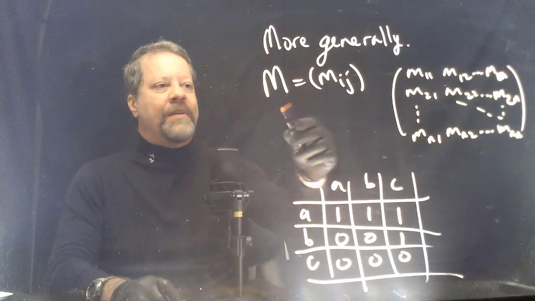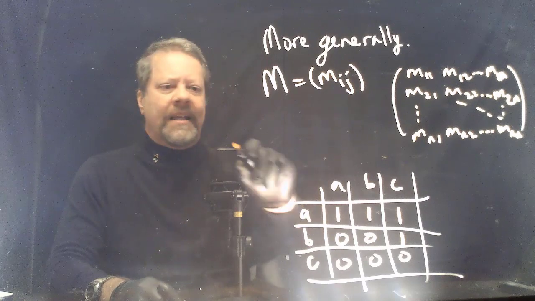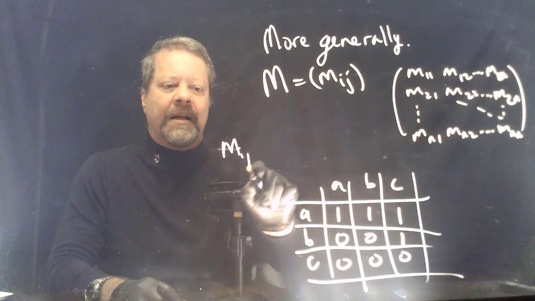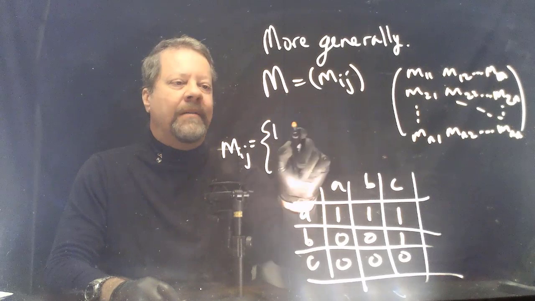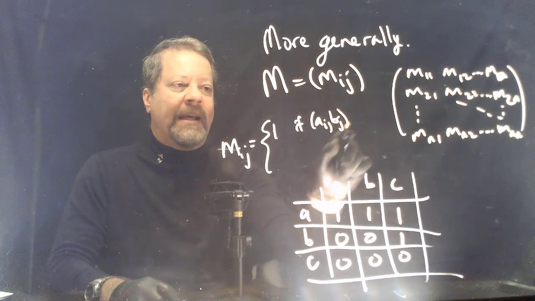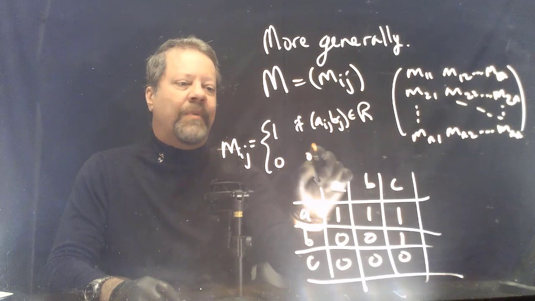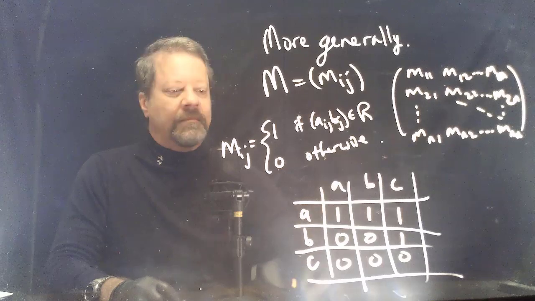And so this matrix, which we'll abbreviate in this way, satisfies M_ij to be 1 if the point (a_i, b_j) is an element of the relation, and 0 otherwise.